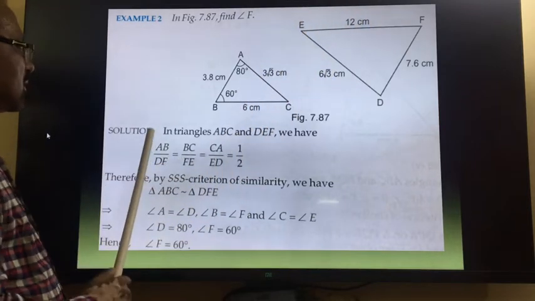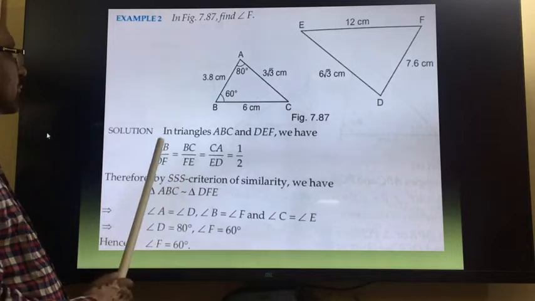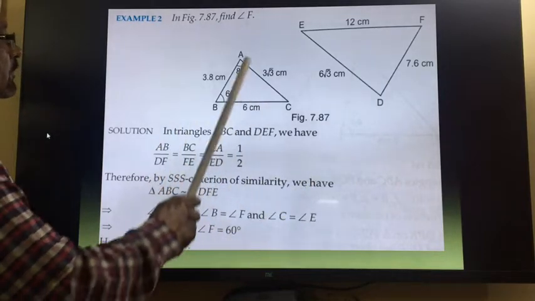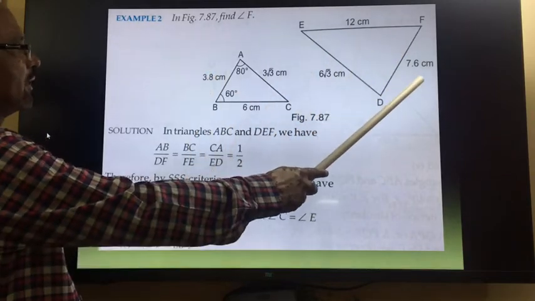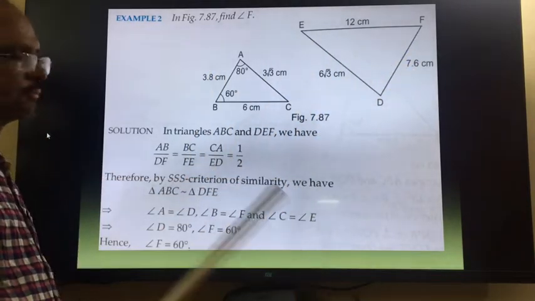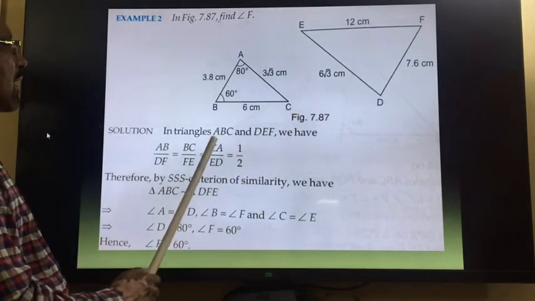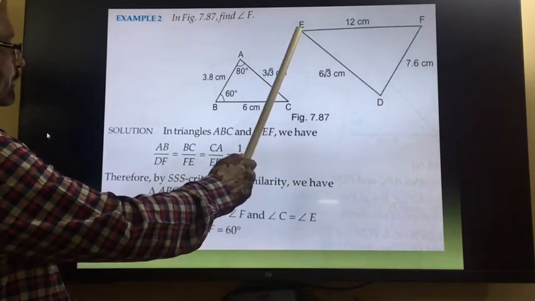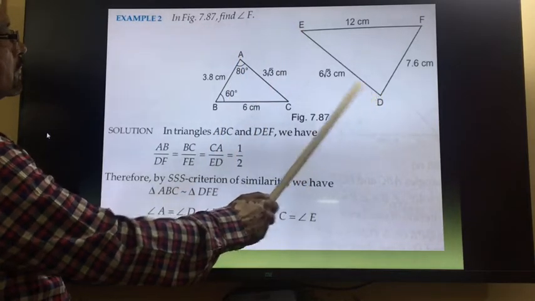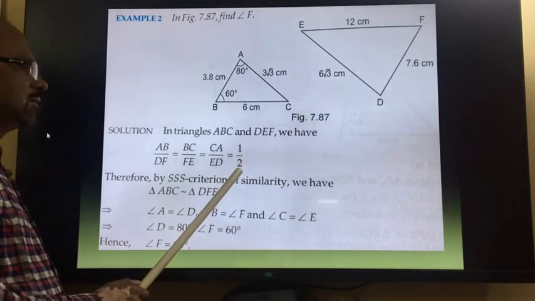Why? Because the ratio of their corresponding sides is the same. AB upon DF, if you divide 3.8 by 7.6, it will come 1 by 2. Similarly, BC upon EF is also 1 by 2, and CA upon ED, 3 root 3 upon 6 root 3, you will get 1 by 2.